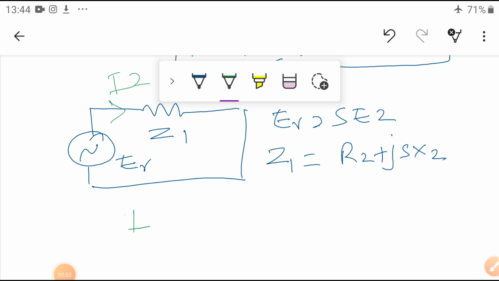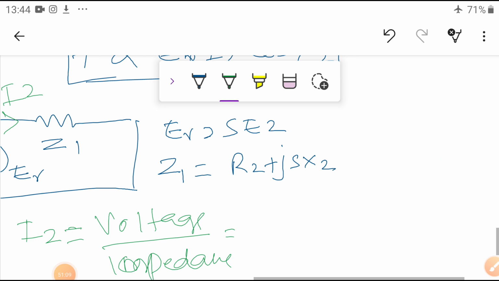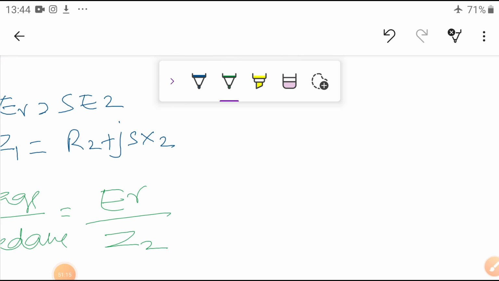I2 is equal to, what is the formula? I2 is equal to voltage by impedance, similar to voltage by current. So that is equal to the voltage, the rotor induced EMF ER, divided by Z2 under running condition.